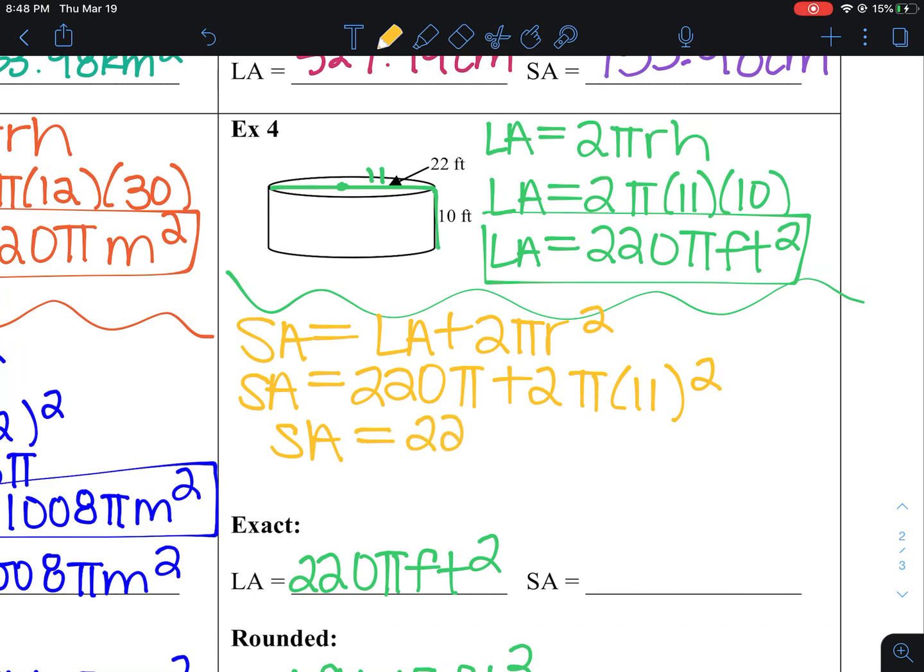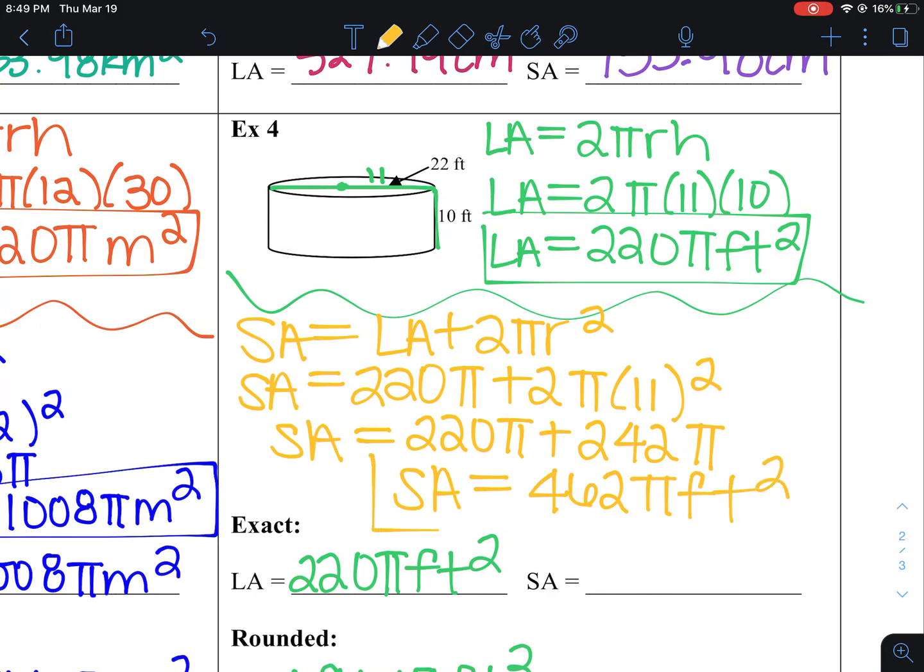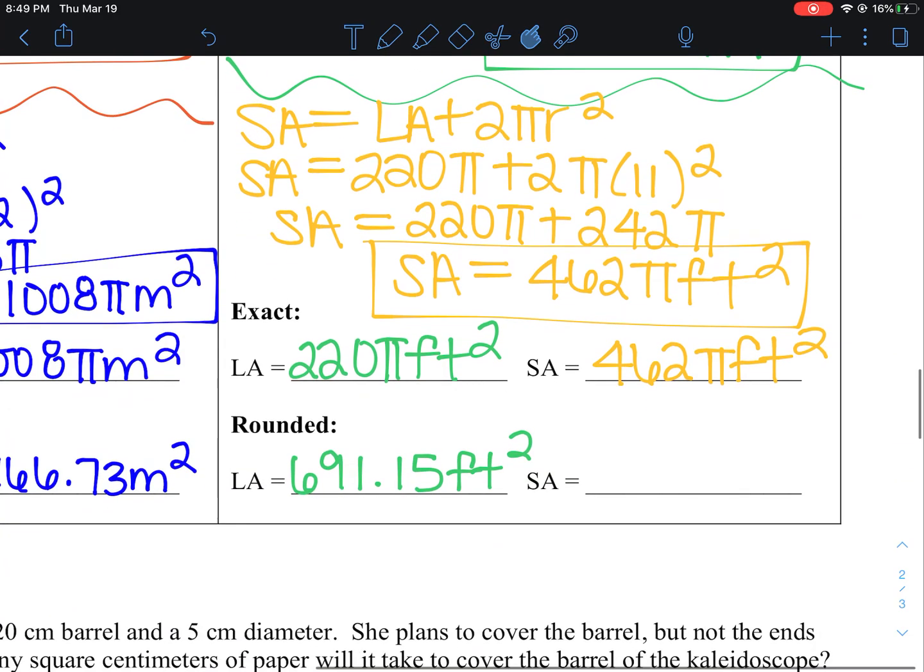So that is 220 pi plus 11 squared, 121 times 2 is 242 pi. So 220 plus 242 would be 462 pi feet squared.